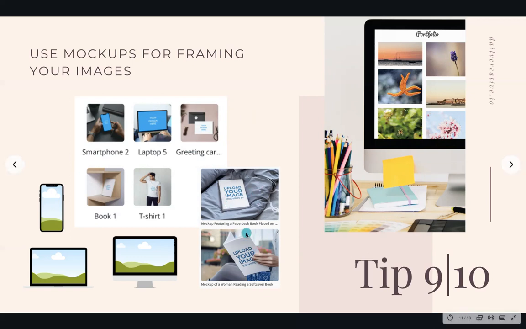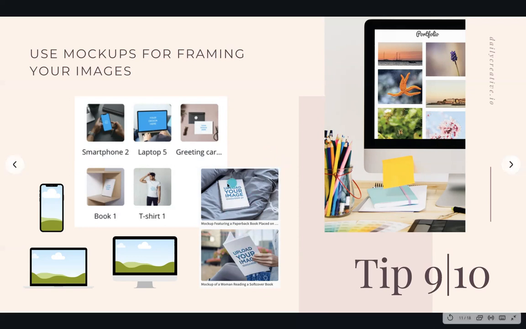Now, these two images of book covers here, I just threw them in there. They are in a service called Placeit, and Placeit has like 1 million different mock-ups. You have t-shirts, mugs, and if you design packaging, they have stuff like that.